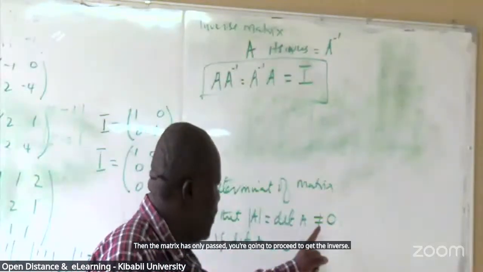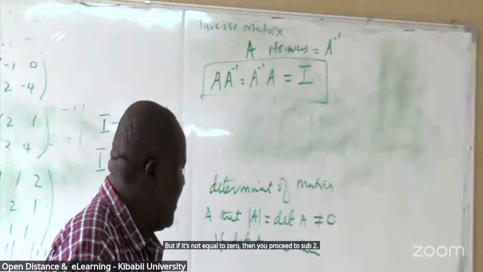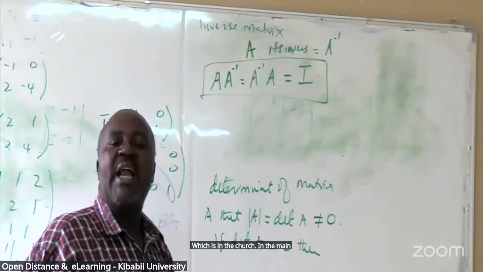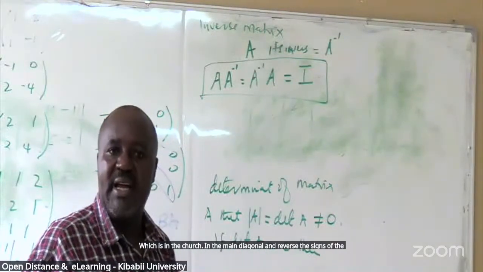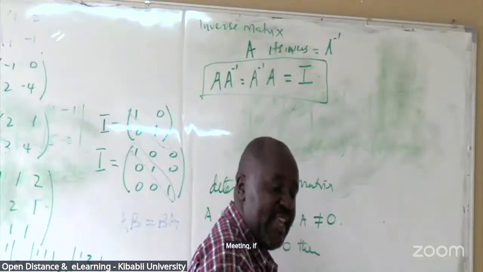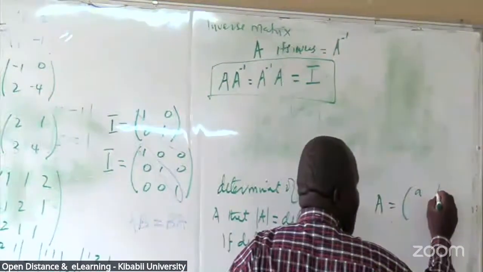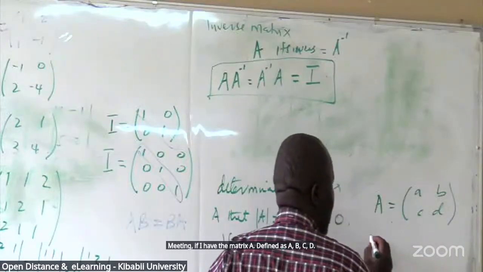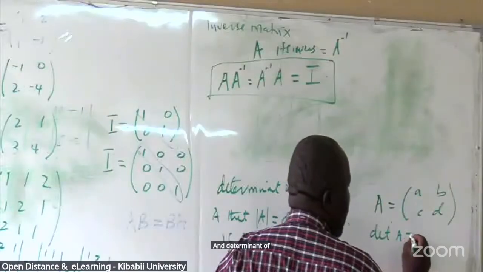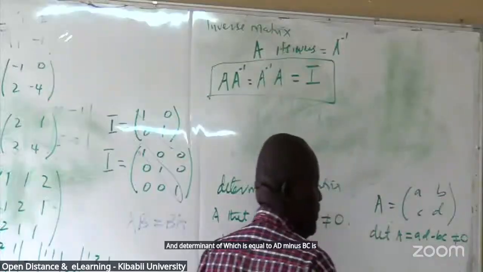But if it is not equal to 0, then you proceed to step 2, which is to interchange the elements in the main diagonal and reverse the signs of the elements in the other diagonal. Meaning, if I have the matrix A defined as A, B, C, D, and the determinant of A, which is equal to AD minus BC, is not equal to 0.